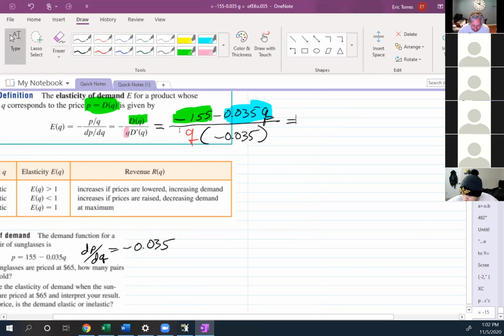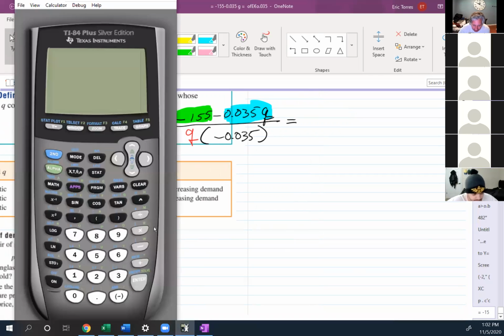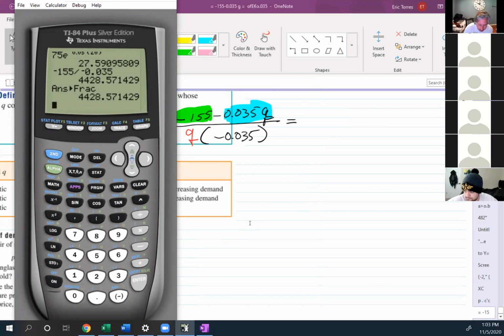So the first one is negative 155 divided by that negative 0.035. And let's see if I can write that as a fraction any better. Probably don't have to, but it might be nicer in the short run if it comes out to a nice clean fraction. It does not.